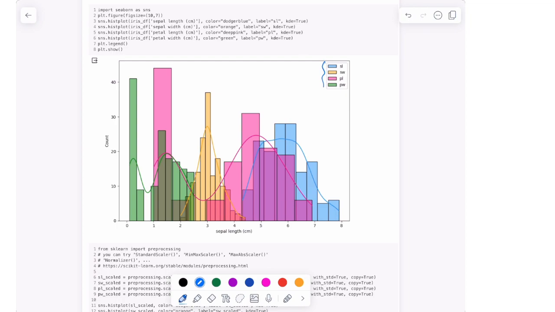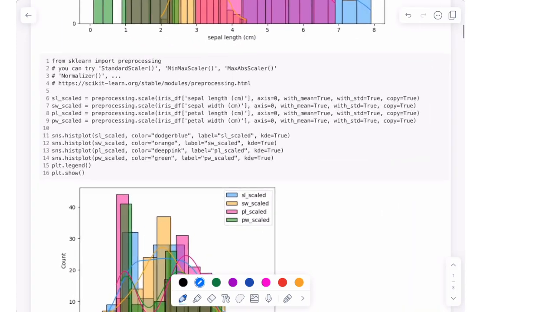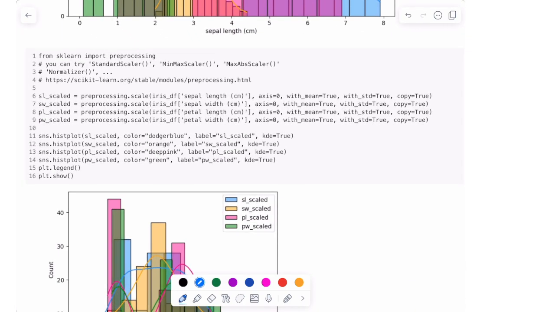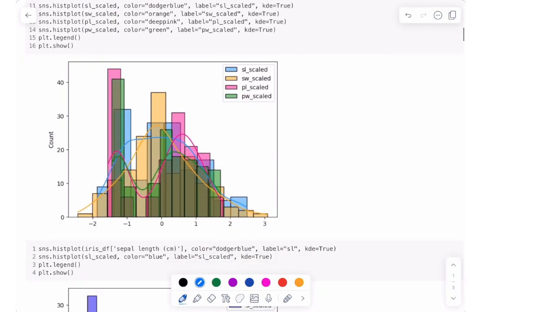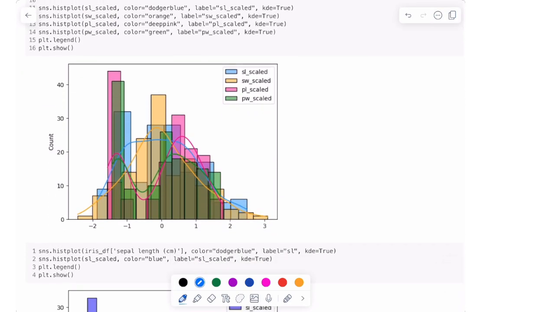But after we apply normalization, for example, you can use the sklearn package, and there is a preprocessing scale. This library can help you to scale your data to a normal distribution. Okay, so after you scale your data, the data will become this one. You can see that for the four sets of data, the mean is 0 and the standard deviation will be 1.